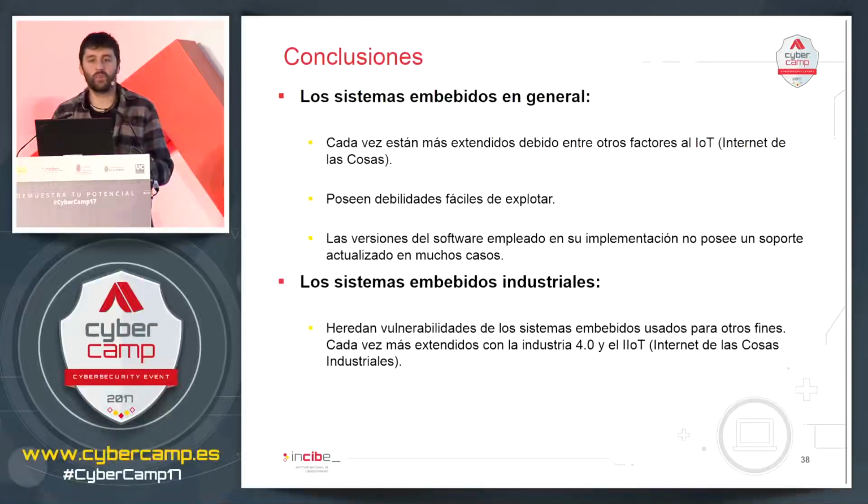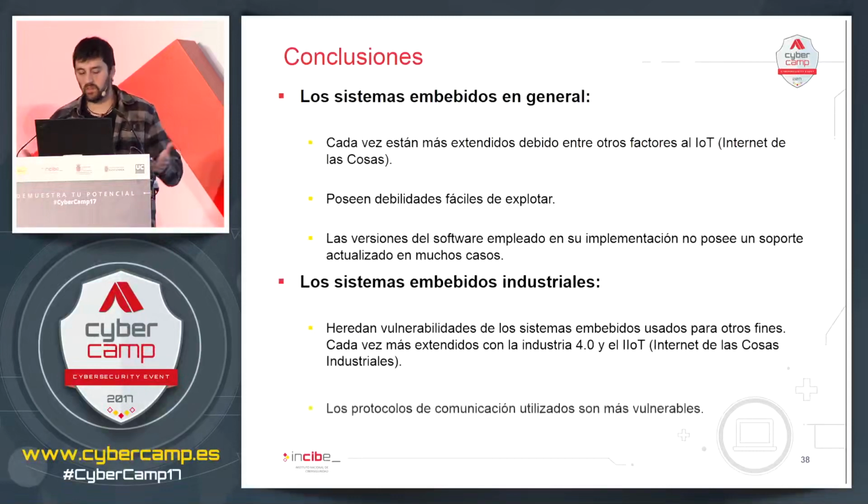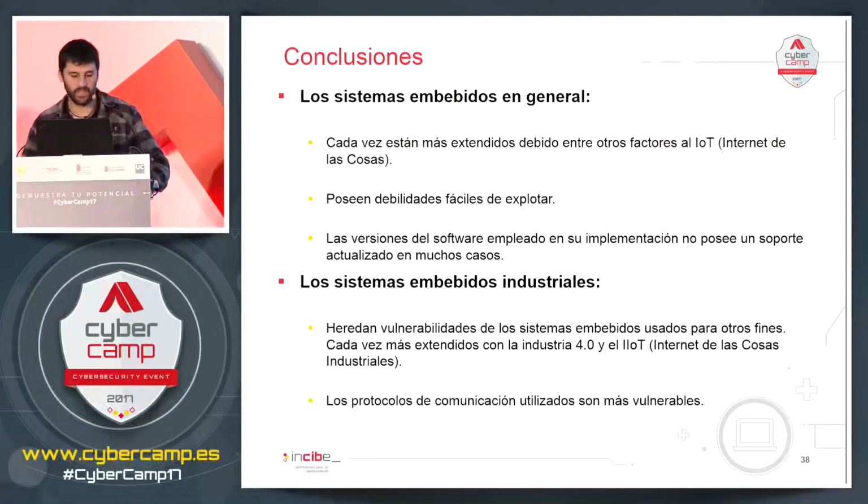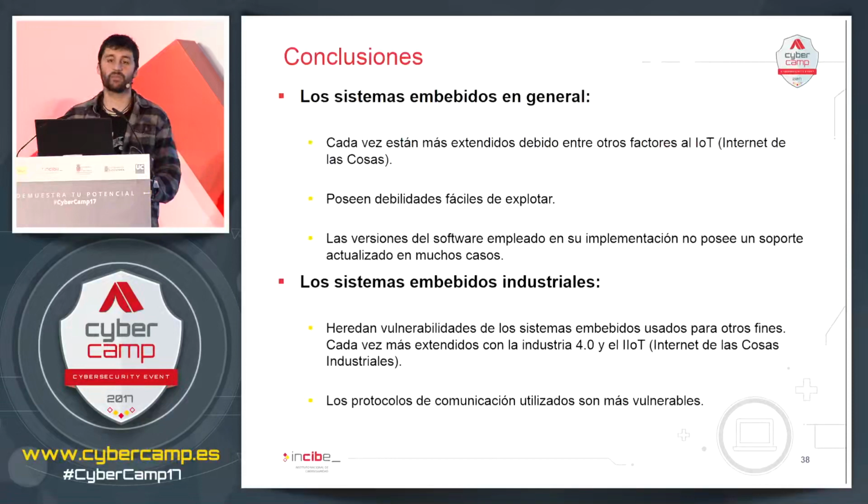In the end, they save a millisecond or something like that. And of course, the Internet of Things in the industry, which is also there. There are many terms, many things all mixed up. So it's all about introducing devices and gadgets. The communication protocols are vulnerable.